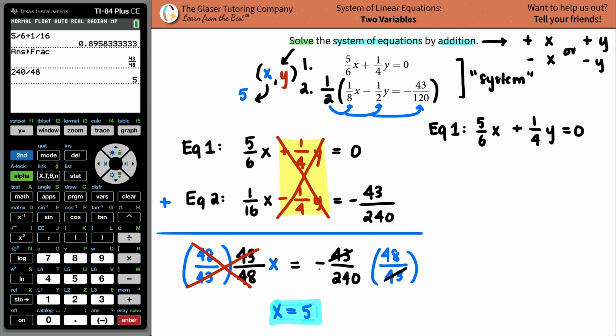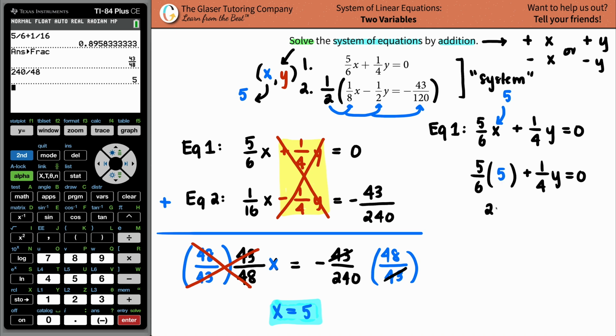We just found out that x was 5, so I'm going to plug in a 5 for the x. So it's going to be 5 over 6 times that plus 1/4 y equals 0.